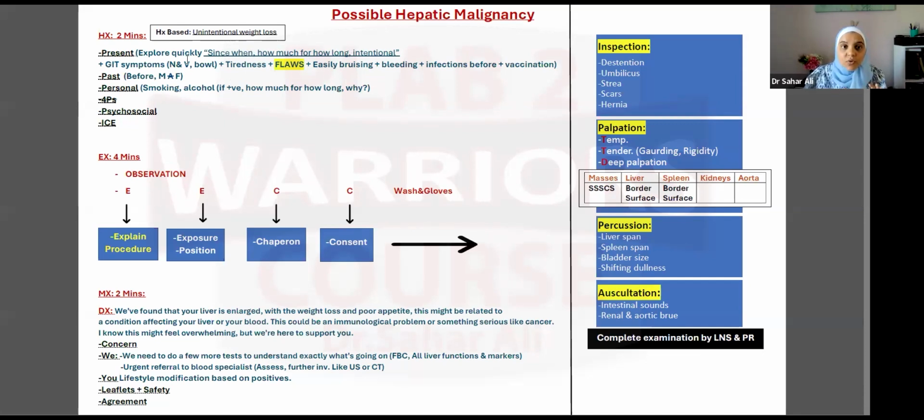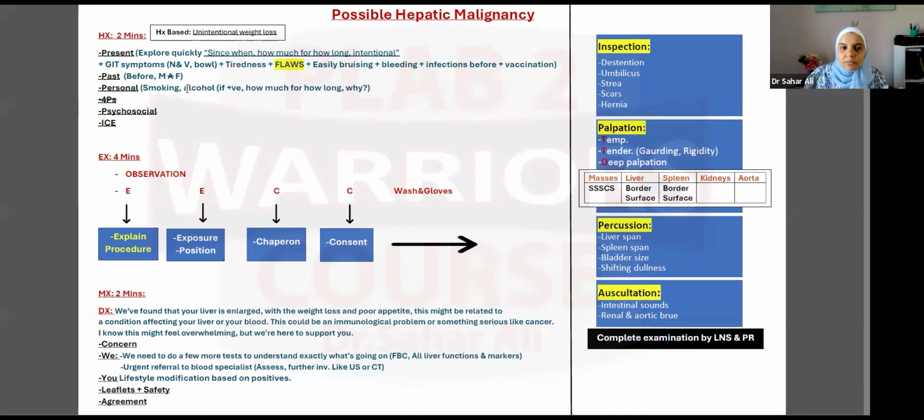All right. So exploration of the weight loss. Ask about the other symptoms of cancer. Think about blood malignancy. Did that happen before? Any medical conditions? Any family history? Allergy is not important. Okay.